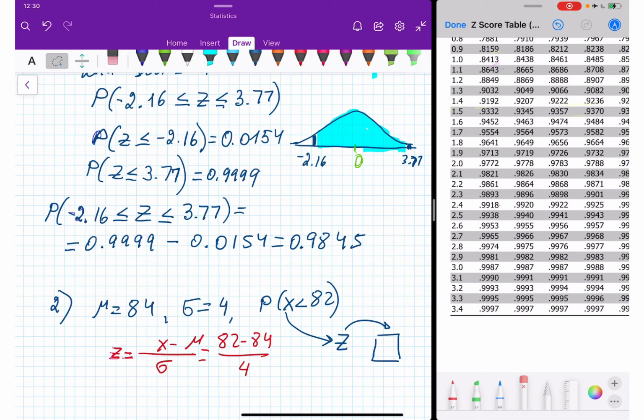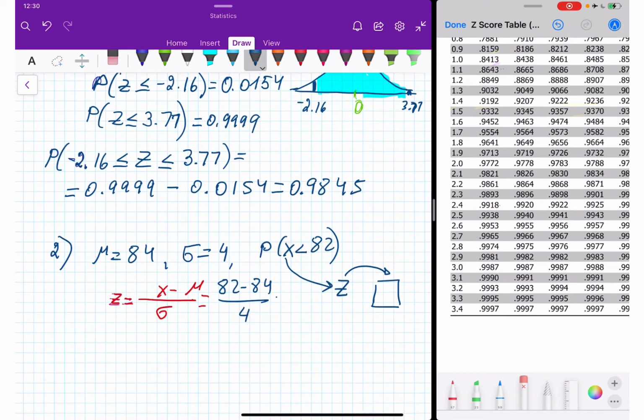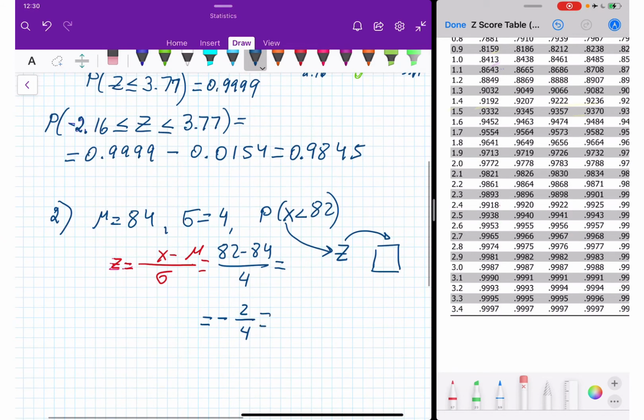Okay, so what do we get? Negative 2 over 4, and we get negative 1/2, which is decimal negative 0.5.